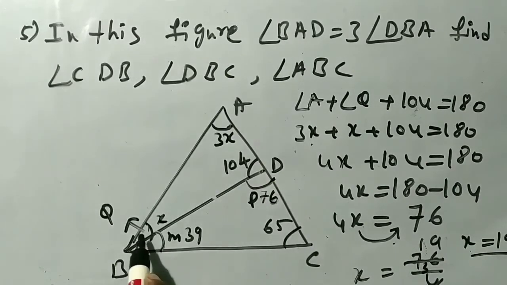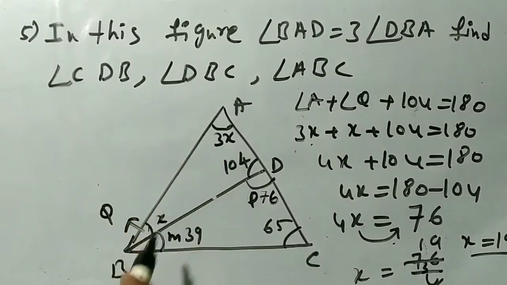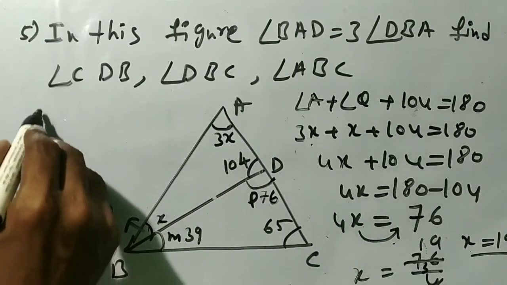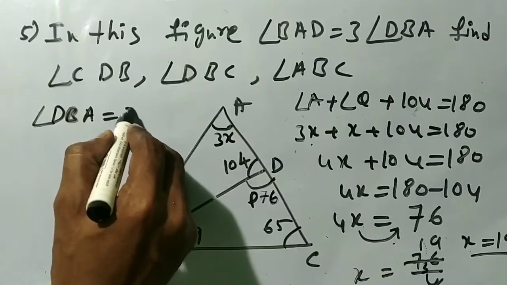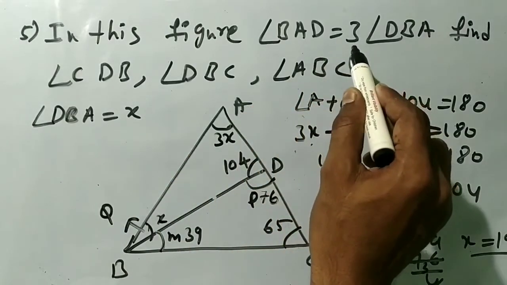So if angle DBA, that is x, is equal to 19, then 3 into x is angle BAD. We already know that BAD is 3 times DBA.